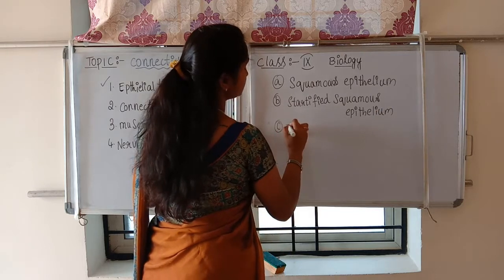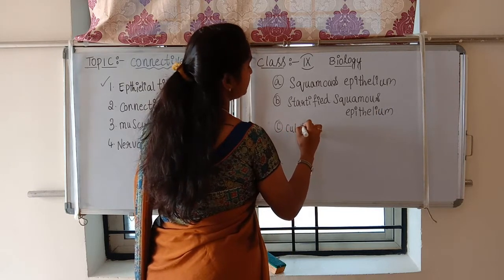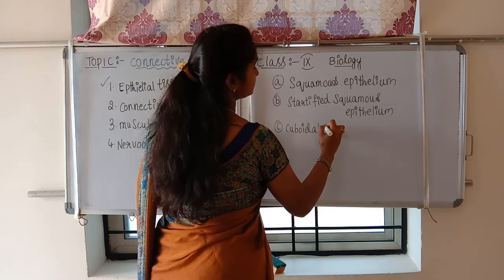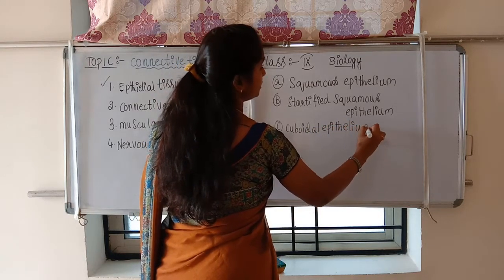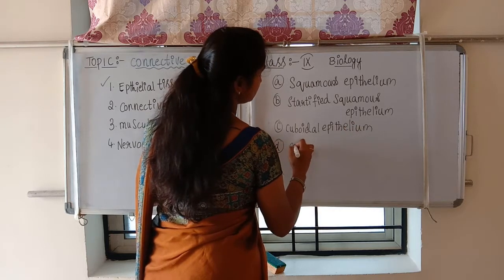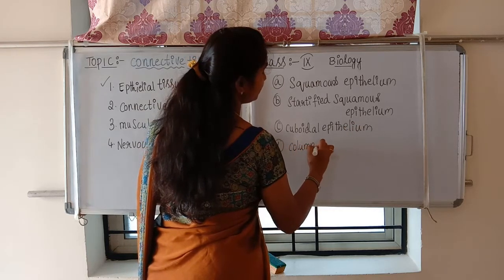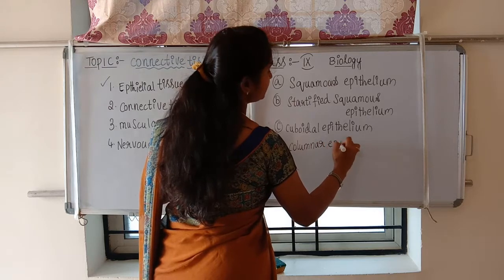The third one, cuboidal epithelium, and the fourth one, columnar epithelium.